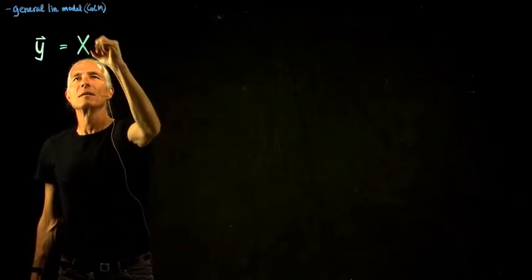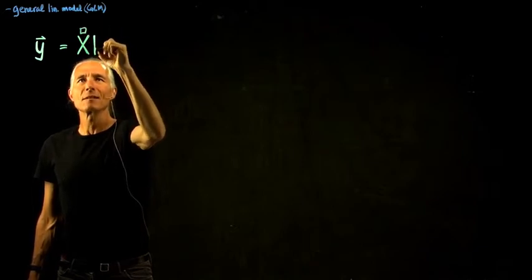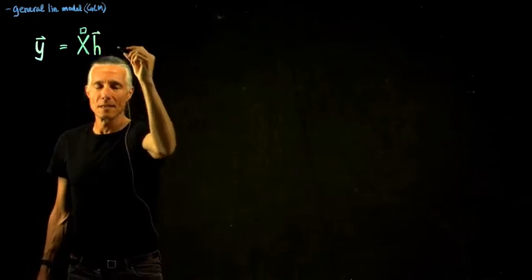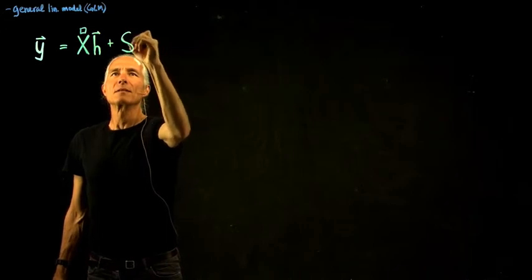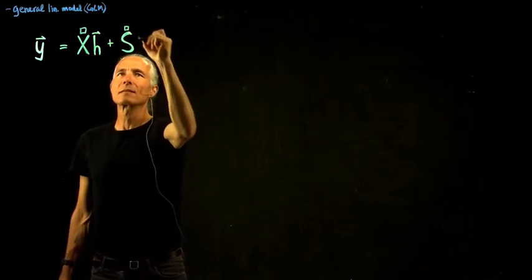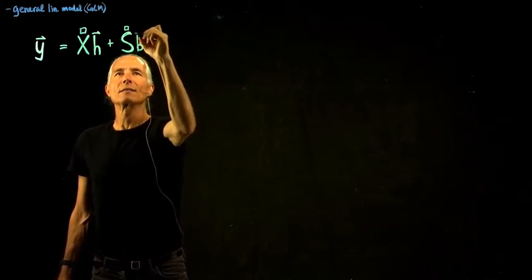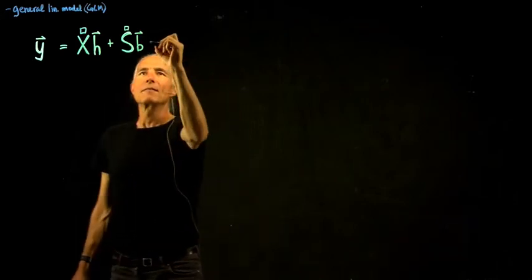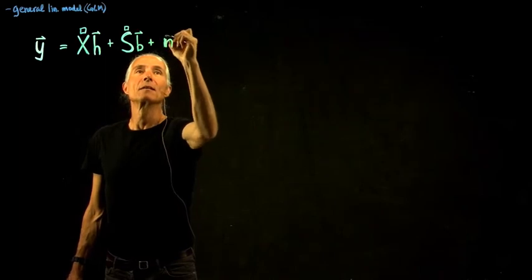we have this experimental design matrix. I'll annotate these. The hemodynamic response function, and then plus some set of nuisance variables. That's another matrix, times a set of weights for the nuisance variables, and then plus the noise.